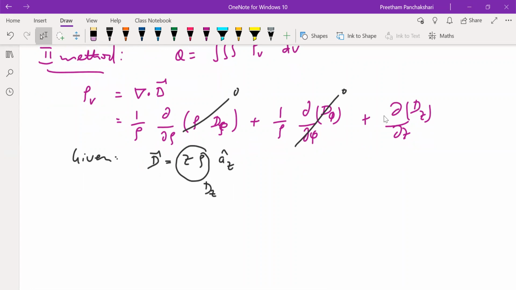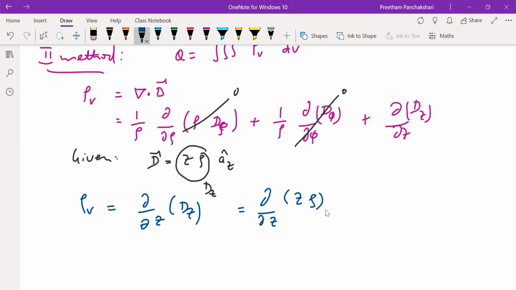This method sounds easy for us. So rho v is equal to dou by dou z of D z, which is equal to dou by dou z of z into rho. Differentiation of this is 1, and we have rho.